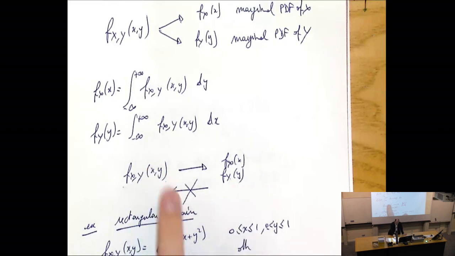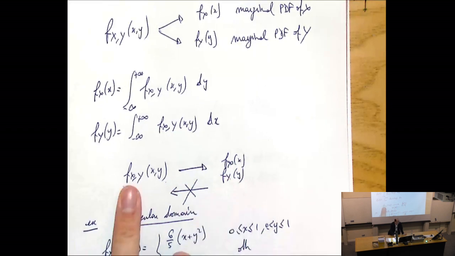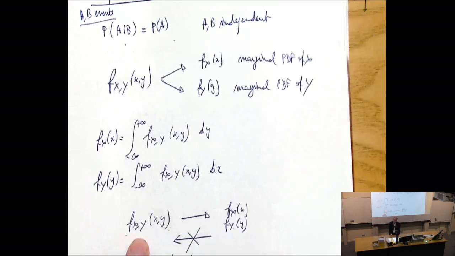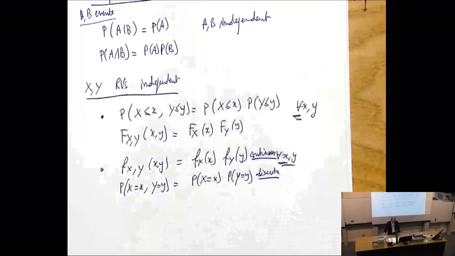If they're independent and you know the marginal of X and the marginal of Y, then you can indeed construct the joint PDF, simply because the joint PDF is equal to the product of the marginals. So in that case, it's fine. You don't lose any information between the joint PDF and its marginals, but if they are not independent, then the joint PDF contains more information than just the marginals, okay?